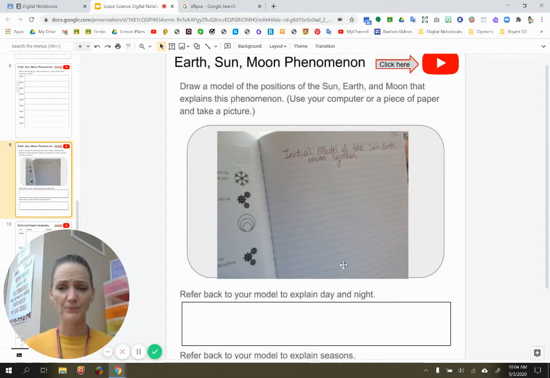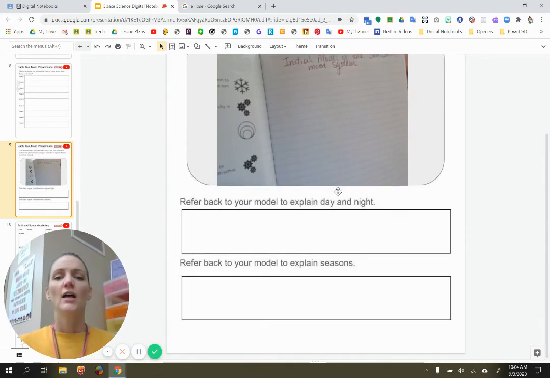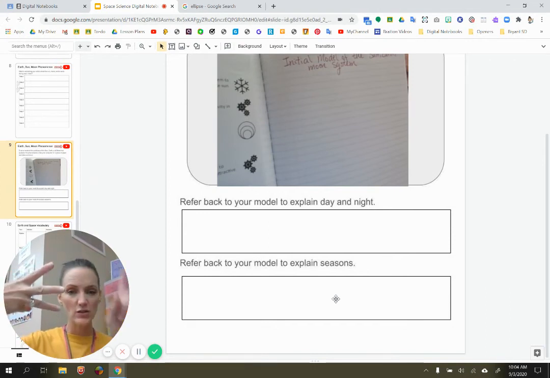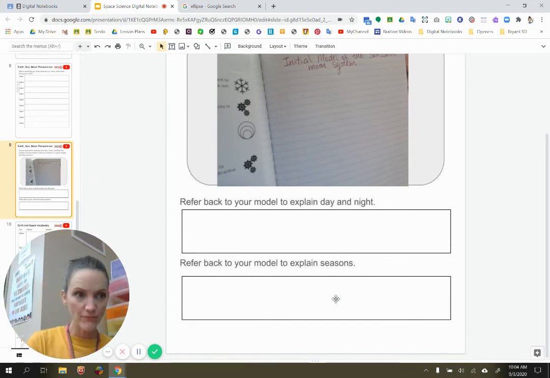So that's what I did for this one. And then there's 2 questions. It says refer back to your model to explain day and night. Refer back to your model to explain seasons. I want one of 3 answers in these squares. 1, in my model, I drew this to explain day and night because this is how that works. Great.